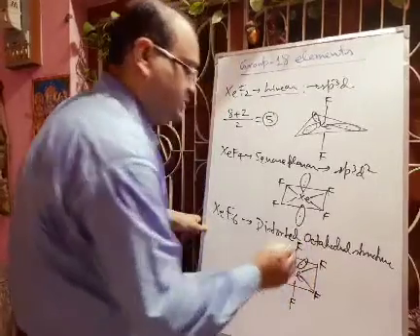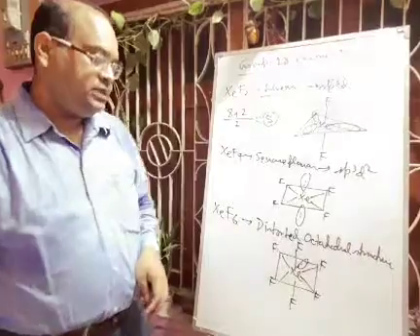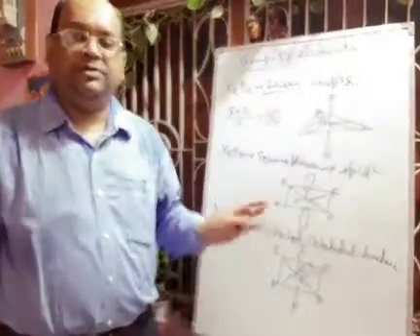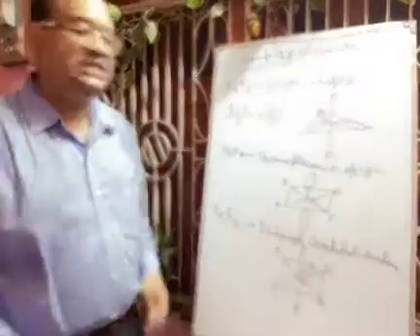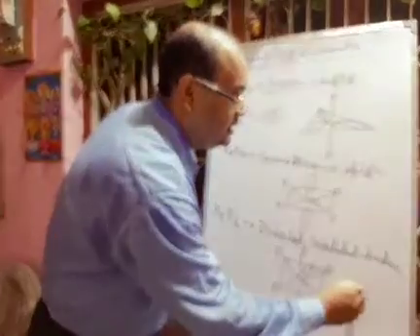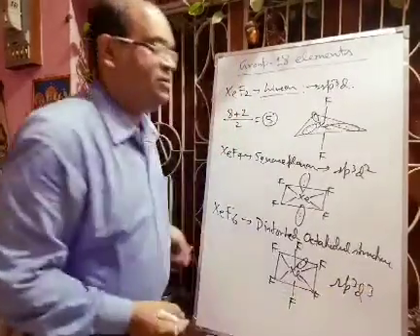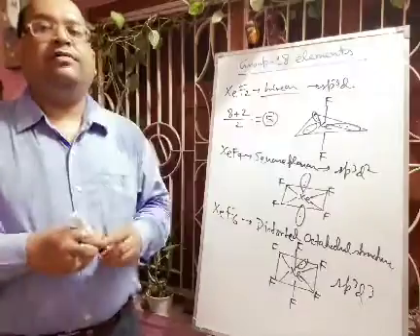And one lone pair is present. That is why it is not regular, because of repulsion of the lone pair. And hybridization definitely it will be sp3d3 hybridization.